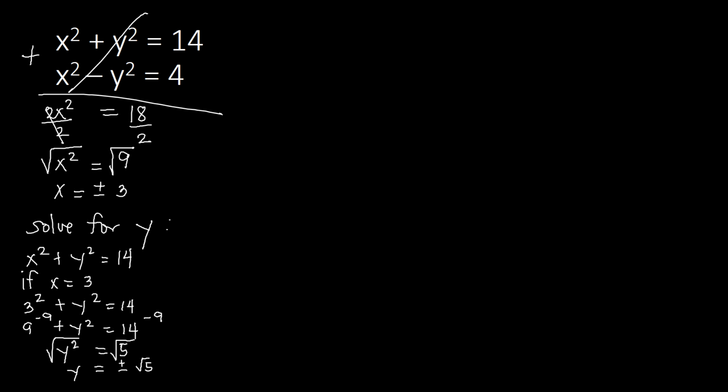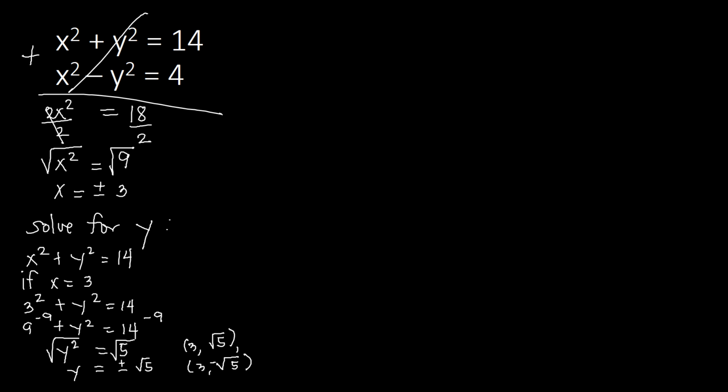So meaning to say, if our x is 3, our y is either square root of 5, and not or, but and, we also have a negative square root of 5.